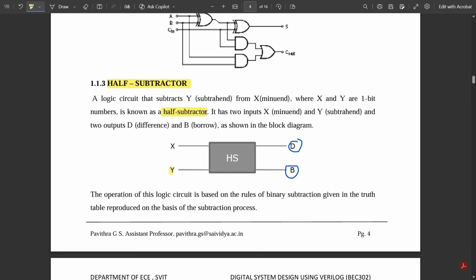Okay, so here they have specially mentioned that the values of x and y are one bit numbers. Only one bit can be stored at a time, and with respect to a single bit, the operation of the half subtractor takes place. So as I've told you, it has two inputs, one is x and one is y. One is the minuend part and another one is the subtrahend part, and two outputs, d and b. So d stands for difference and b stands for borrow. Okay, so this is the basic block diagram of a half subtractor.